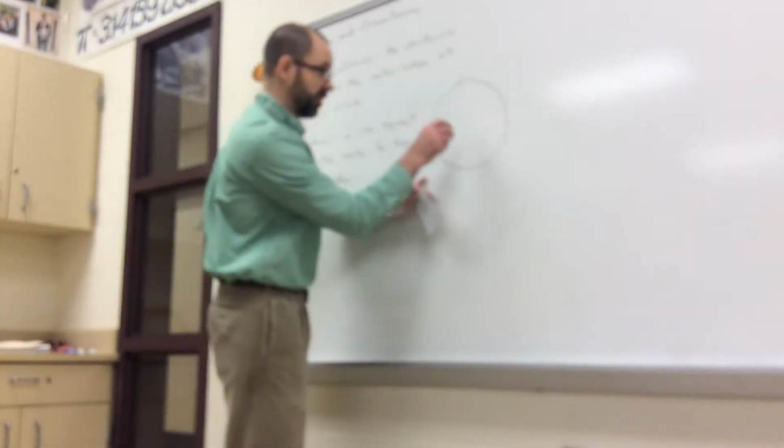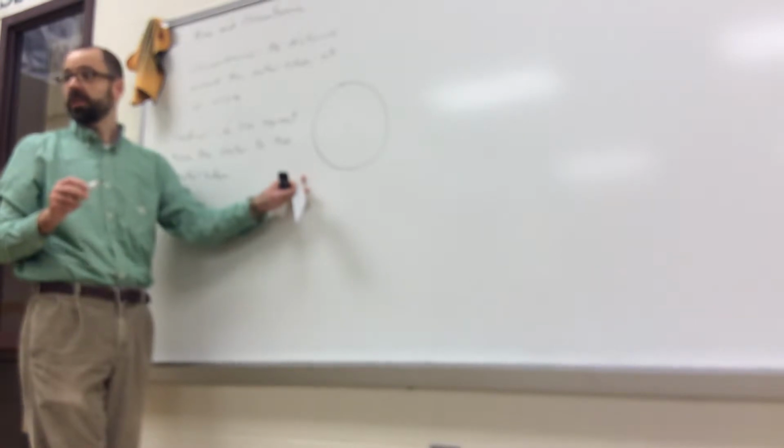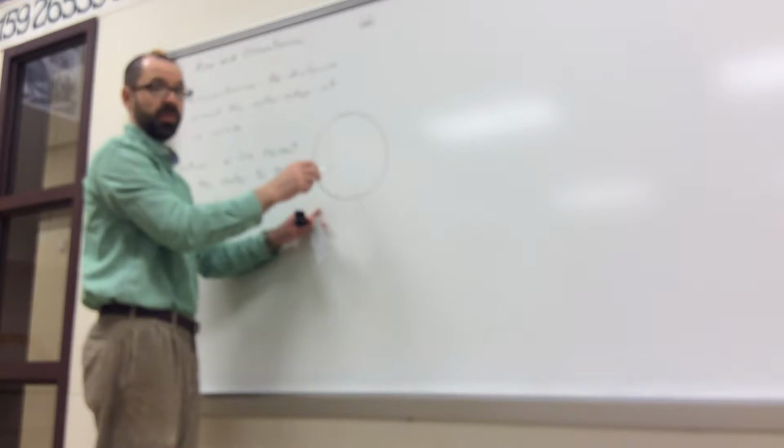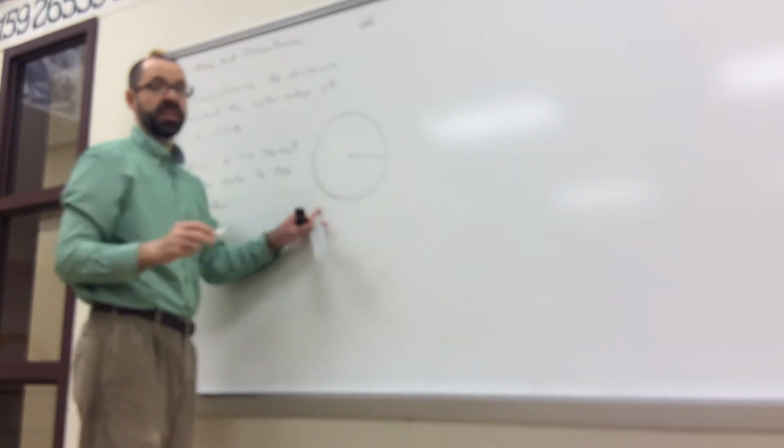So here's the center of the circle right here. I'm talking about the exact center. Then if you draw a line that goes from there out to the edge, it doesn't matter which way you go, that's called a radius.